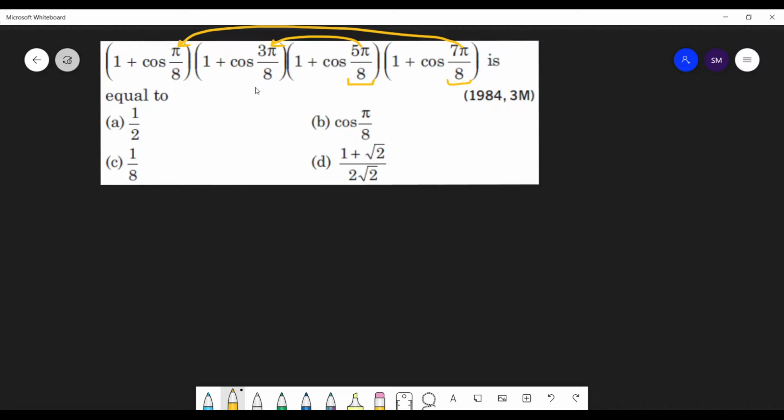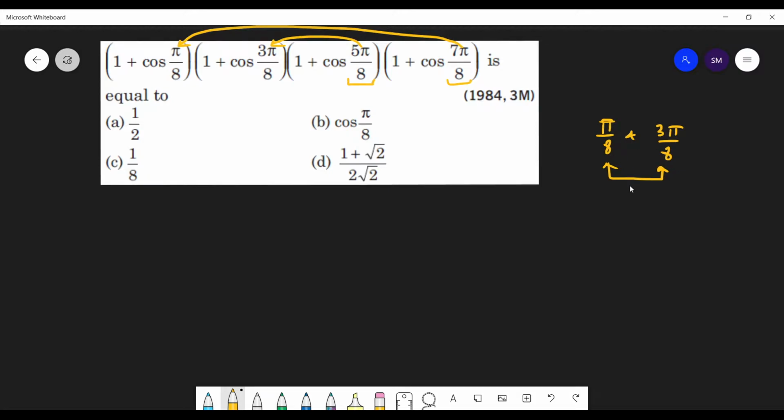Because see, we have one more hint. Like in the last question, you were dealing with the angles pi by 8 and 3 pi by 8. So students, you can see their sum and difference.